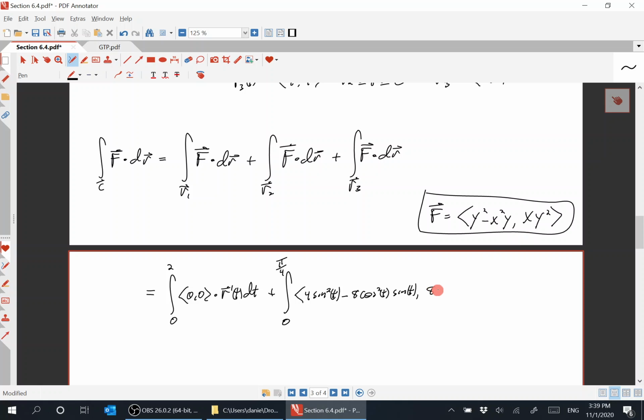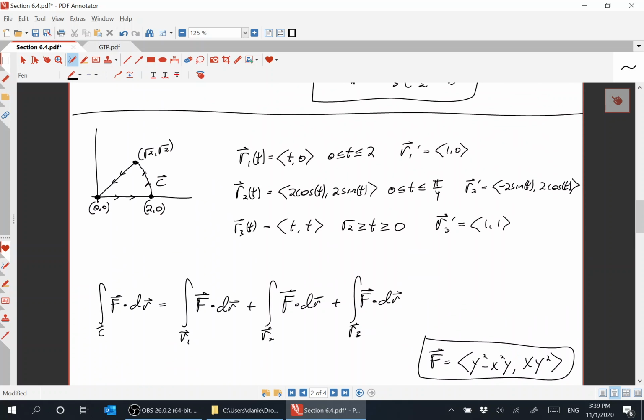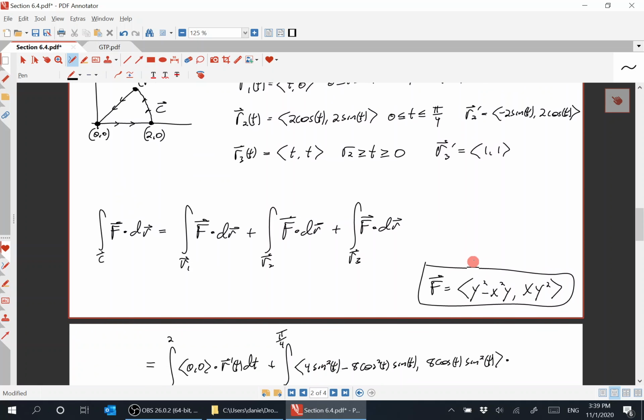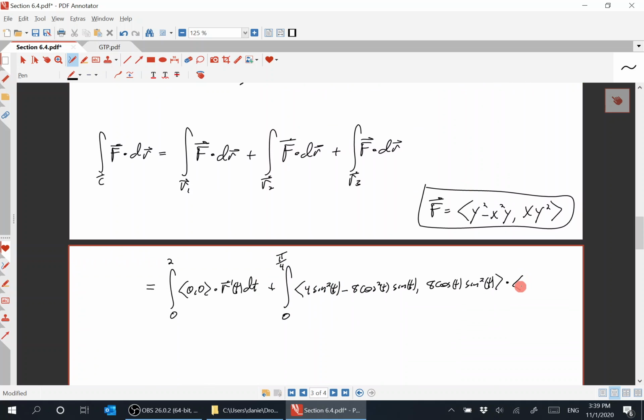So that's 8 cosine t sine squared t, dotted with r prime of t: (minus 2 sine t, 2 cosine t).